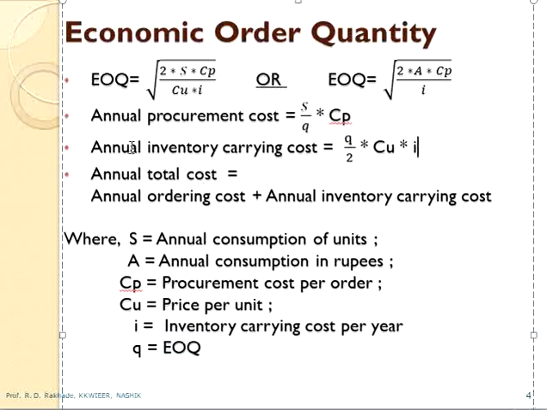Similarly, annual inventory carrying cost is Q divided by 2 into CU into I. Then total annual cost is the summation of annual procurement cost and annual inventory carrying cost. So these are our basic formulae to determine EOQ.